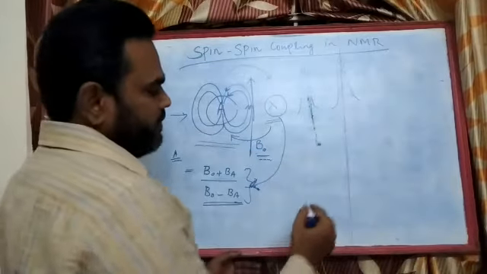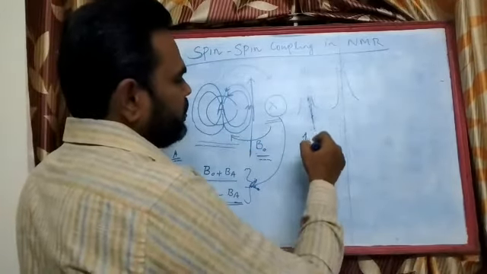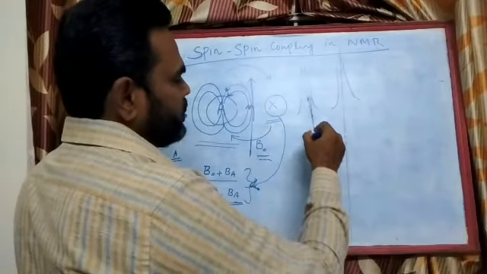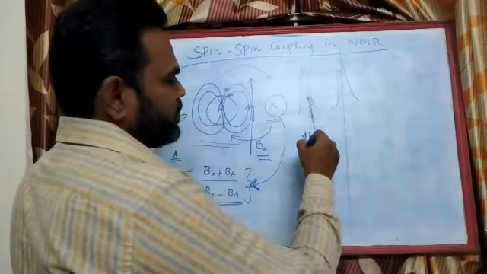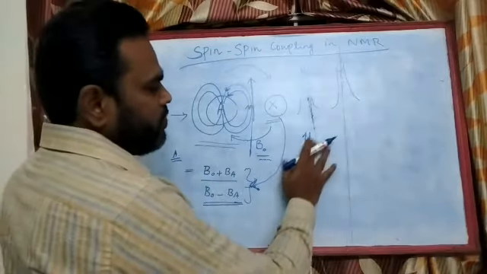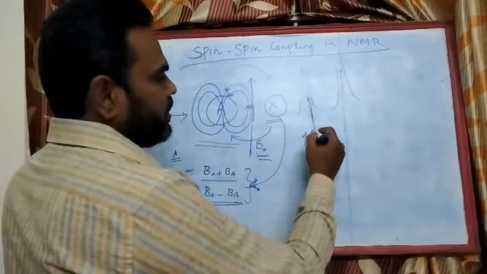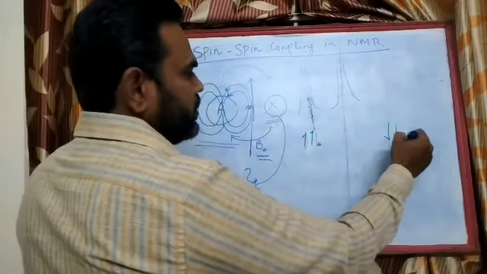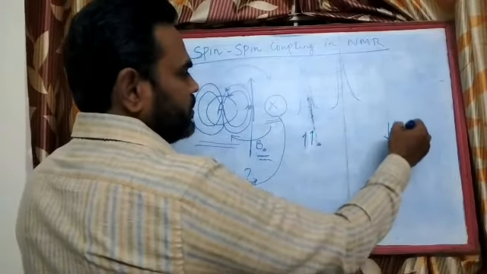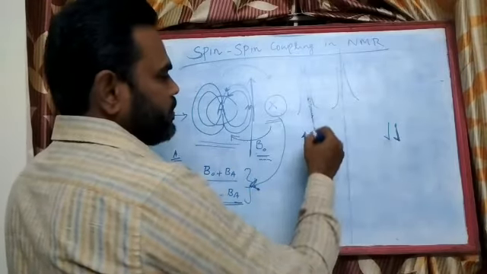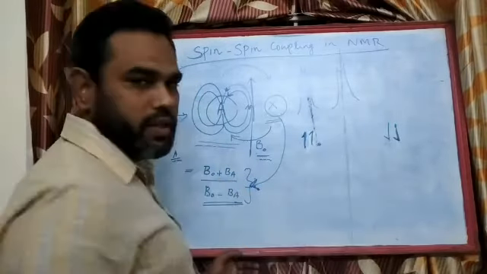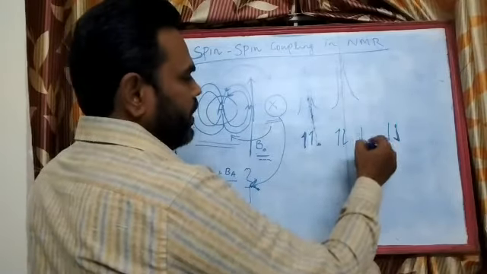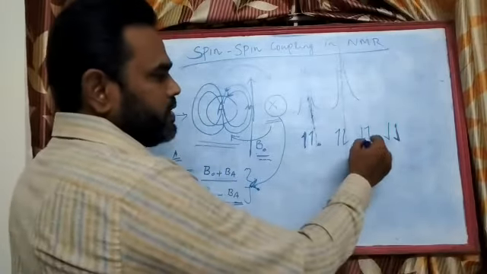Let us say, for example, I have two magnetic nuclei with electronic spins. They can exhibit in four possible ways. Either they can be parallel spins, both upward and both downward, so one spin can be of this type and another spin of this type.